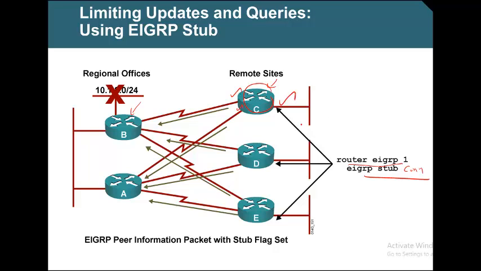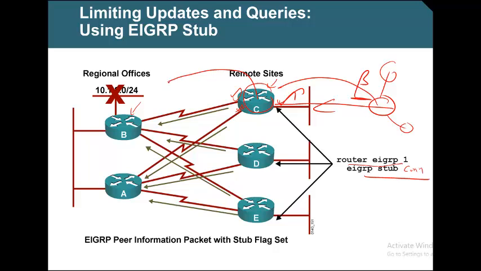What is stub summary? If you have a summary for some network, not connected. See, connected may be 192.168.1.5/30.